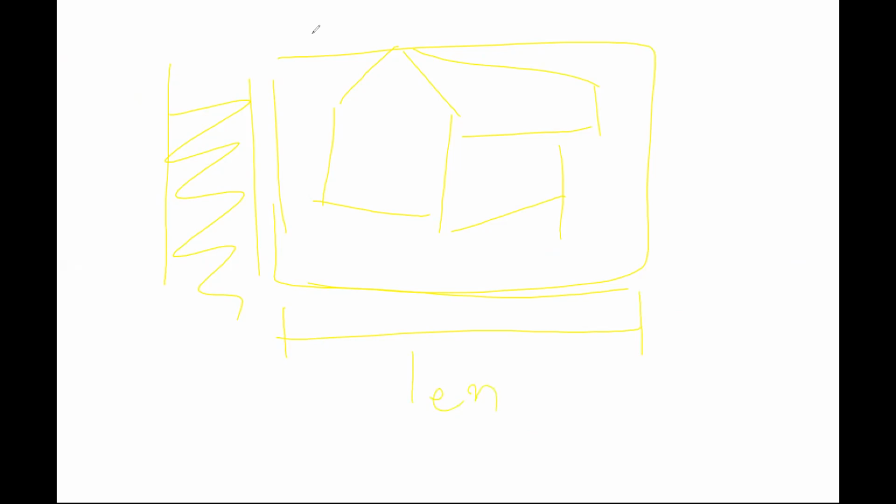You can say this is the front of the house, and this is the width or depth of the house, whatever you say. Okay, this is depth and this is front.